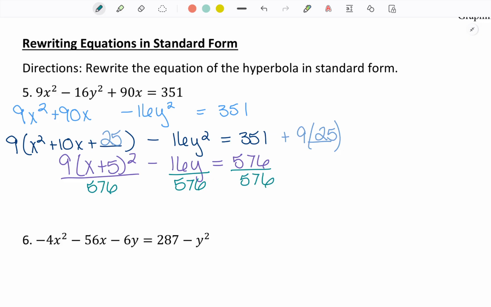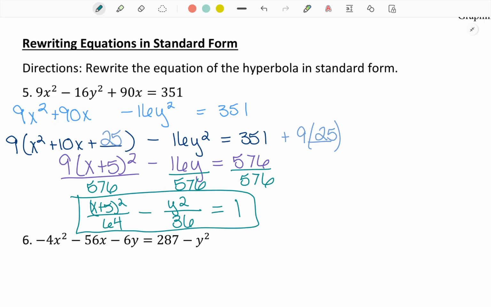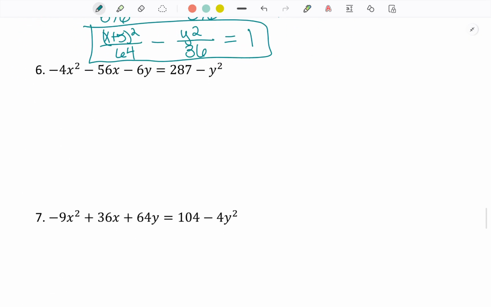And so 9 divided by 576 is 1 over 64. So we have (x plus 5) squared over 64 minus y squared over 36, because 16 divided by 576 is 1 over 36, and then that equals 1. So there we have our standard form, and this one is horizontal since x is in front.